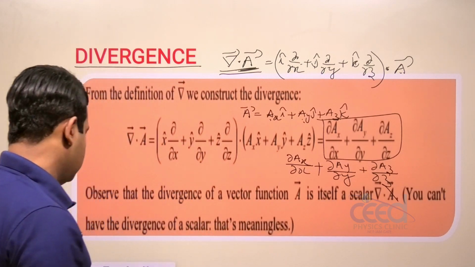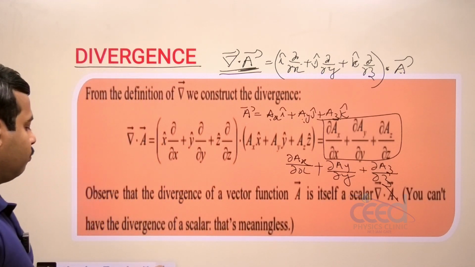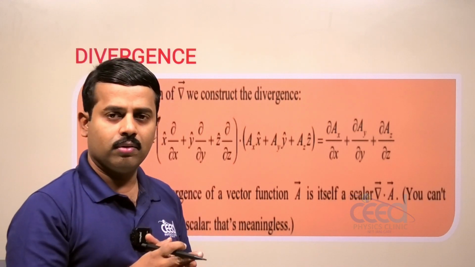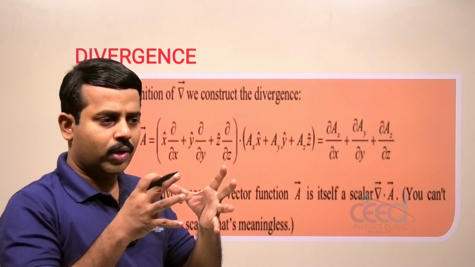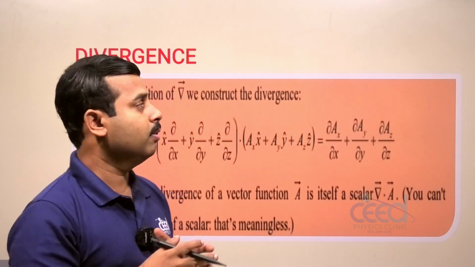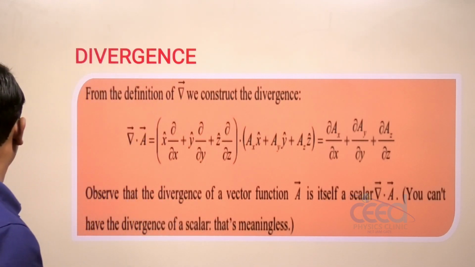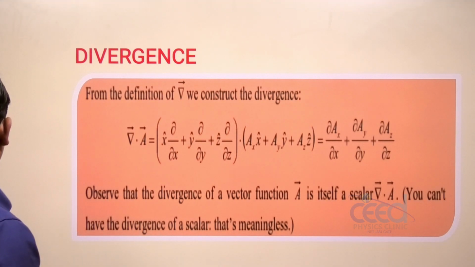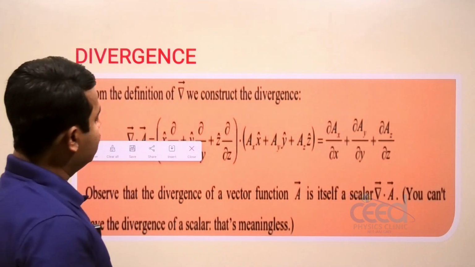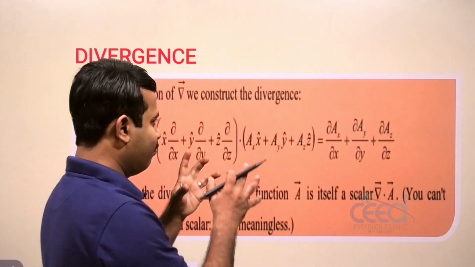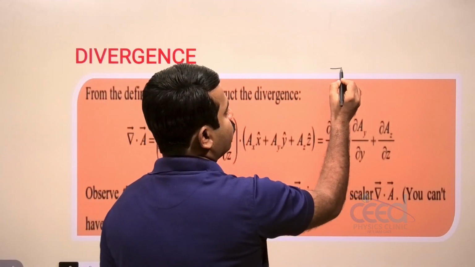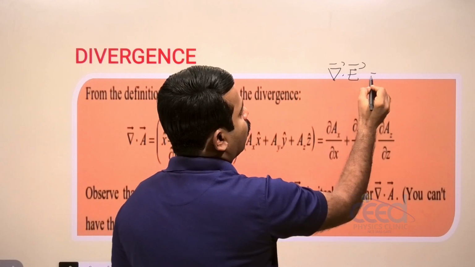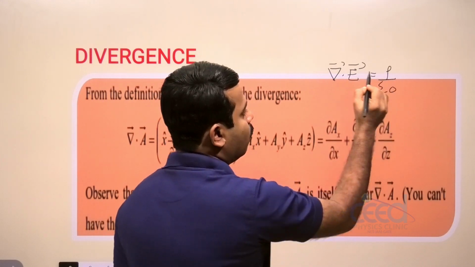For example, one common example is the divergence of the electric field. In electrodynamics we will study it later, but for the time being, see what the equation is for the divergence of the electric field. Take the differential form of Gauss's law, we studied del dot E is equal to rho by epsilon 0.